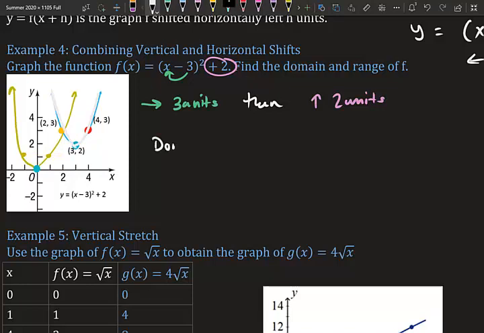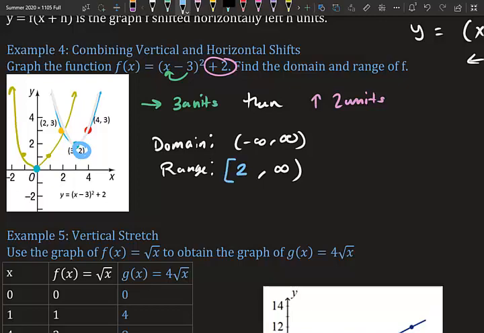This is a parabola, so the domain is all real numbers. Now the range, since it's pointing up, you're smiling, you're happy, you're positive. And our smallest y, in the blue graph, is 2. And that's our range.